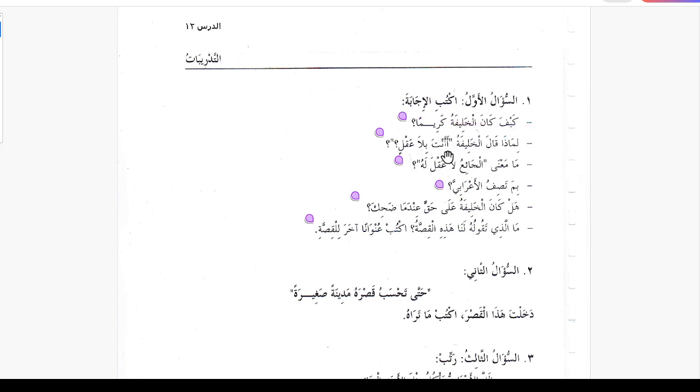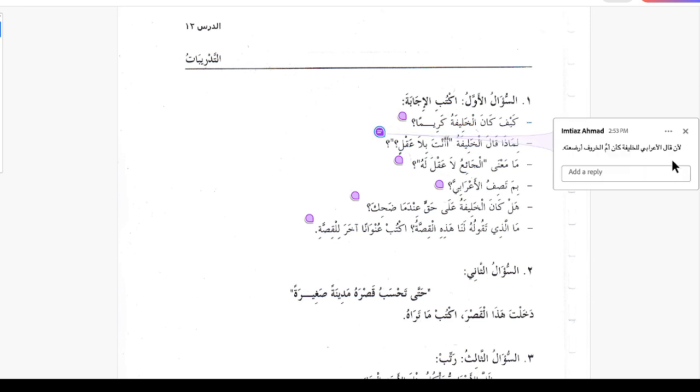Limaza qala al-khalifatu anta bila aqlin, why did the caliph say that you are without mind, without brain? He said to the Bedouin. He said that because the Bedouin said kana ummal khurufi arzathu, I mean when he said you are eating like the mother of the lamb or the sheep, I mean you are eating like his mother hit you with the head.